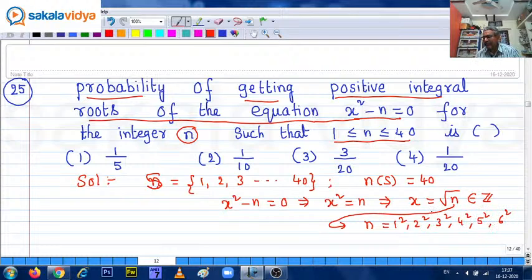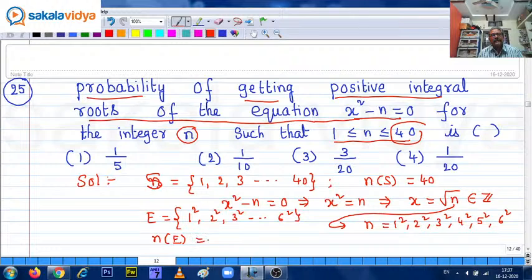It cannot take 7 square because 7 square is 49, which exceeds 40. So E has favorable outcomes 1 square, 2 square, 3 square and so on up to 6 square. That means n of E is equal to 6 cases.